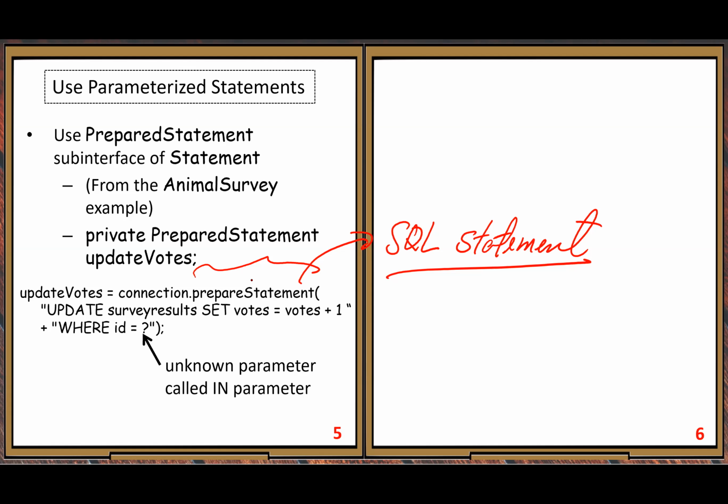And you need to use PreparedStatement to do that. The original Statement interface, if you just use the Statement type, cannot handle that. It cannot handle any parameter. So that's the main difference.